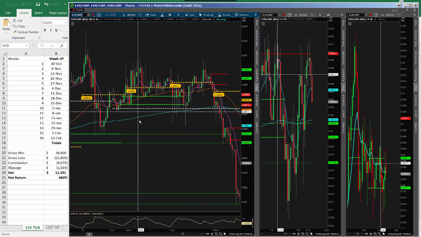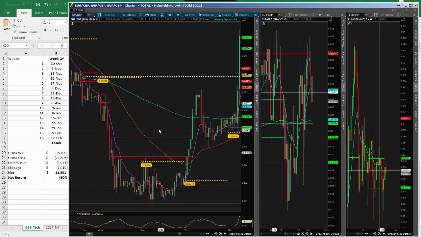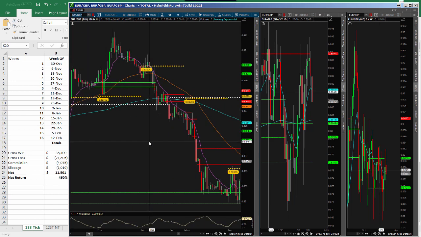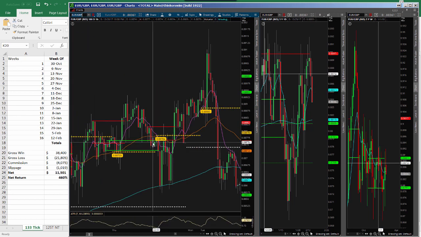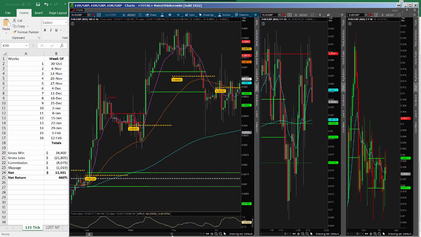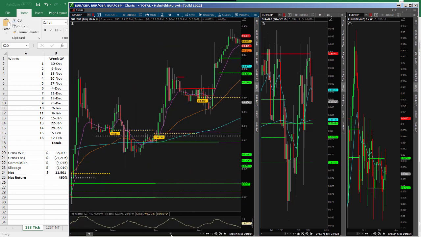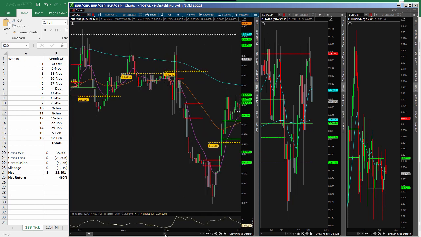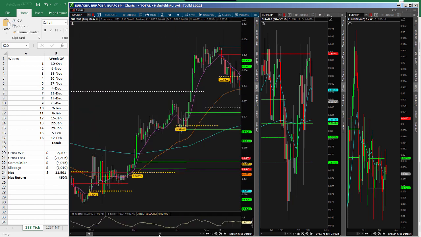No, these would not qualify. This one would have qualified if it came and touched it. But you can see you don't get very many of them, which can be good and bad, right? Try to see if we have any on here. Of course, it's just one pair.